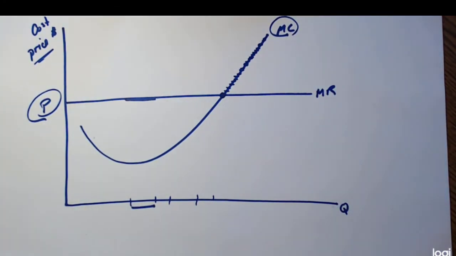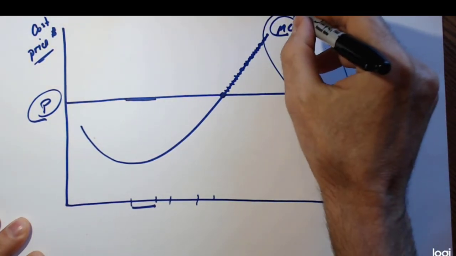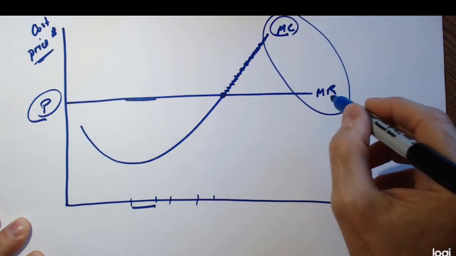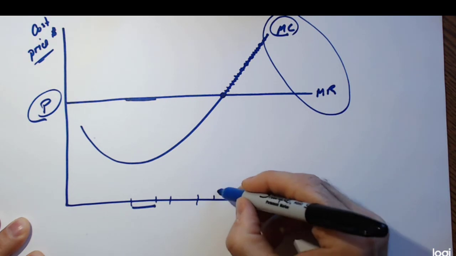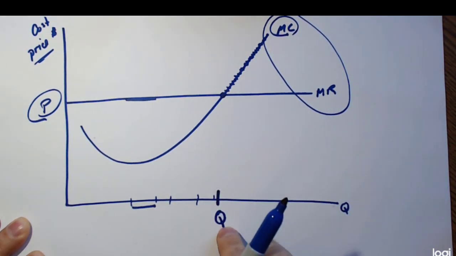So a really important part of this chapter that bleeds over into the next 3 chapters is the concept of marginal analysis. Look, comparing marginal cost to marginal revenue, that's what we mean by marginal analysis. And what that does is it determines Q as being the optimal output.